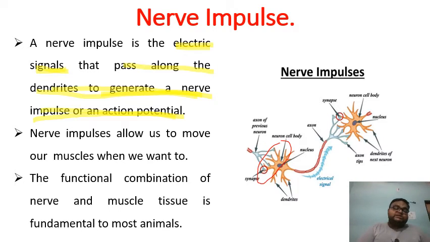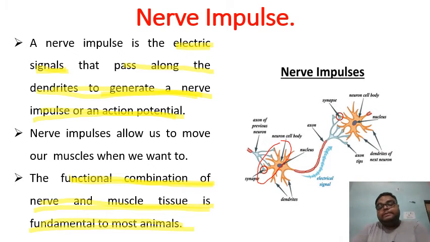So the functional combination means that we need some sort of integration between the nerves and the muscles so that we can do some type of movements, right? The functional combination of nerve and muscle tissues is fundamental to most animals. Okay, right.